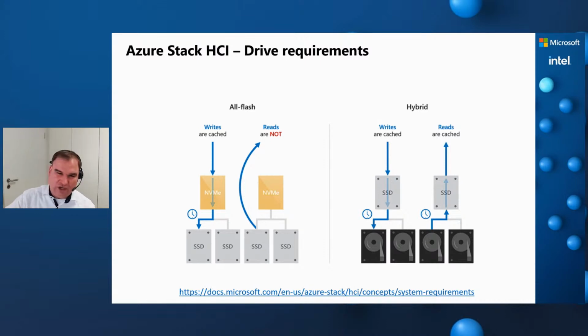If it's full flash, like on the left-hand side, it would be possible to have a flat configuration without cache. When we have a configuration where we combine, for example, SSDs and NVMEs, the NVMEs will be a write-only cache and reads will occur directly from the SSDs. When we have a hybrid deployment, we have a read and write cache.